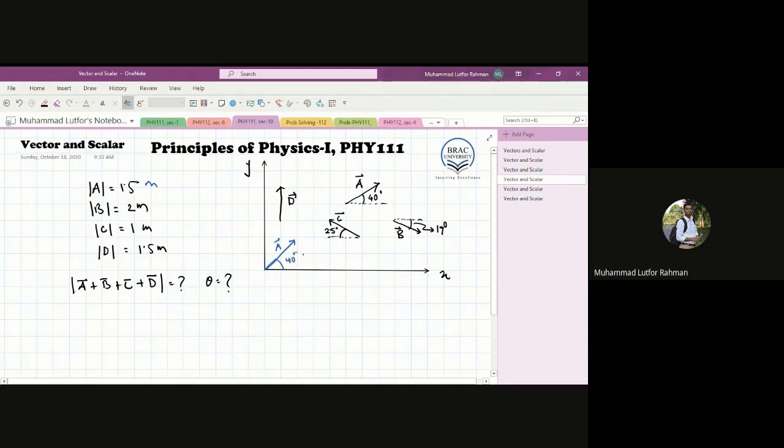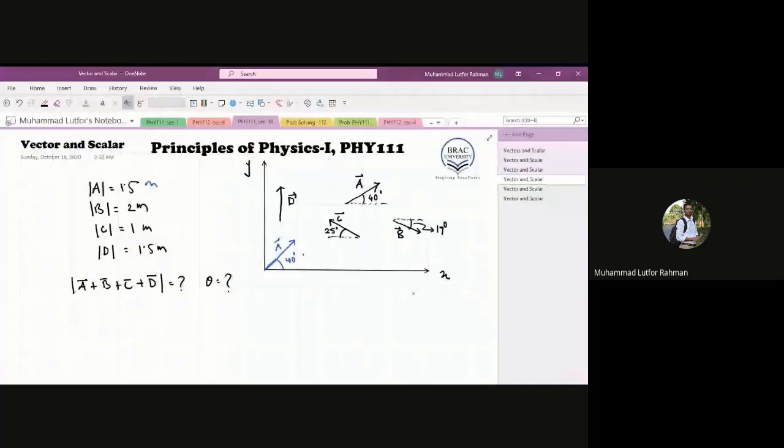I can shift the origin of that vector anywhere in space I want, but the condition is I cannot change the direction, and I also cannot change the length of that vector. If I keep the direction and the magnitude intact, then I can just shift the position of that vector. So that's why I'm doing that over here.